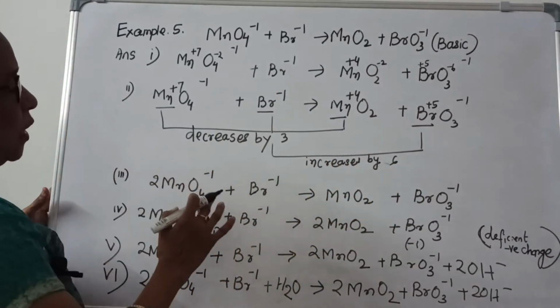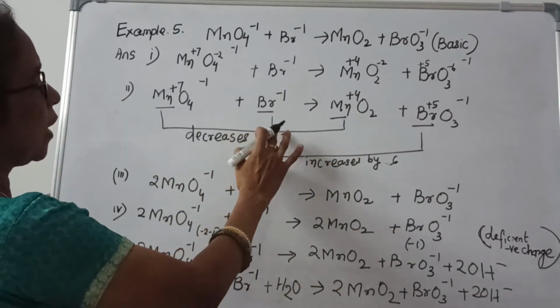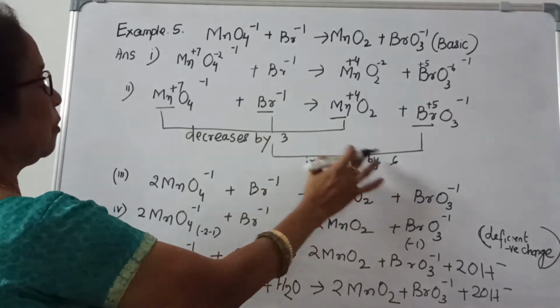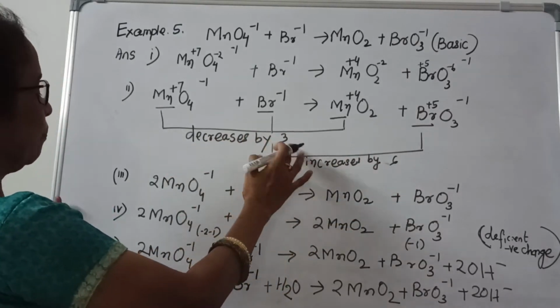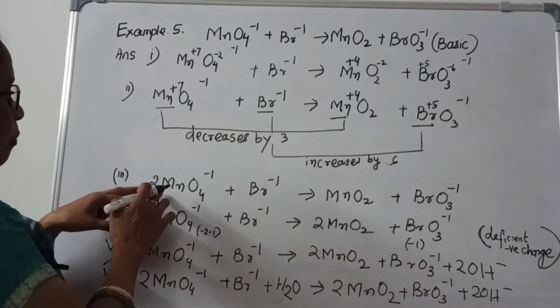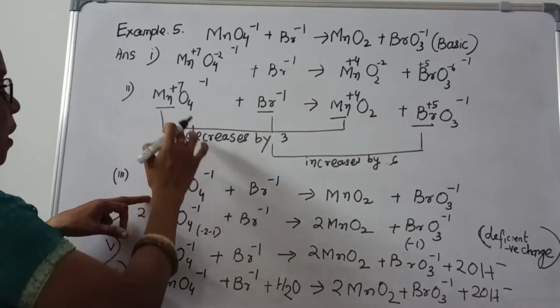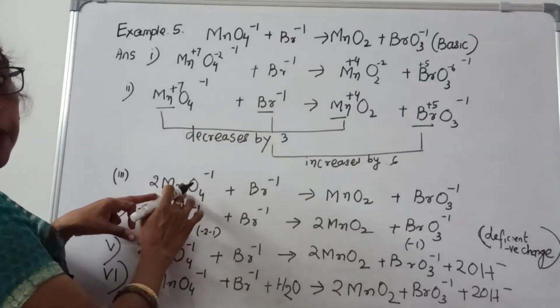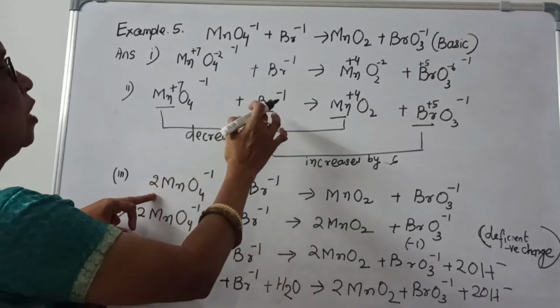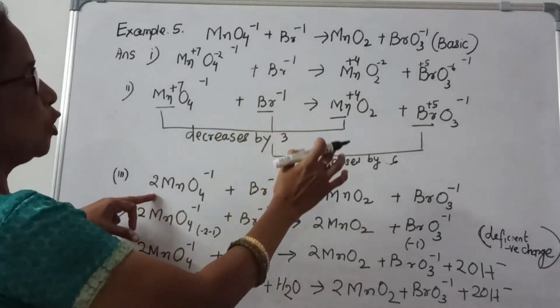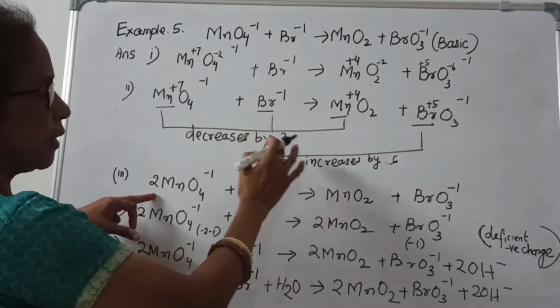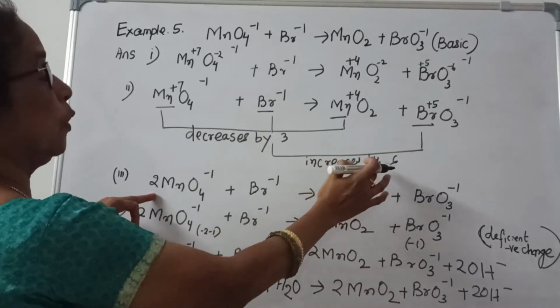So you can put here, since it is bromide, here it is 2 times and it is 1 time, that is why I will put 2 in the permanganate ion, because bromine here minus 1 changes to plus 5, and after cancelling it is 2 times.